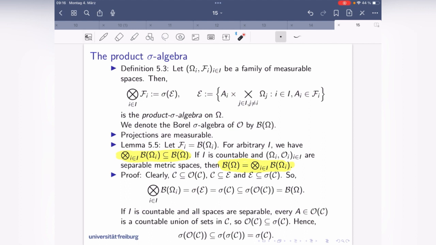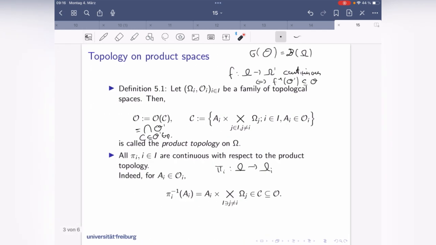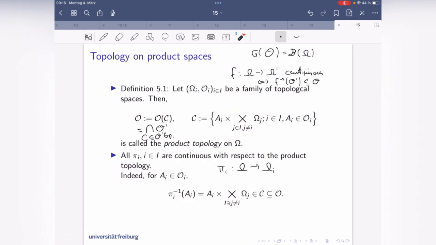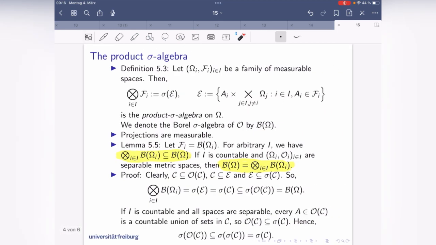Because you can also do the following. You can say, I do the same thing as before. So we had the C here. I have an A_i across all full spaces. I do the same thing here, but I do that for A_i which are in F_i. For the sake of what we're going to have here, F_i could be B of omega_i, so the Borel sigma algebra using the topology which I have on omega_i.